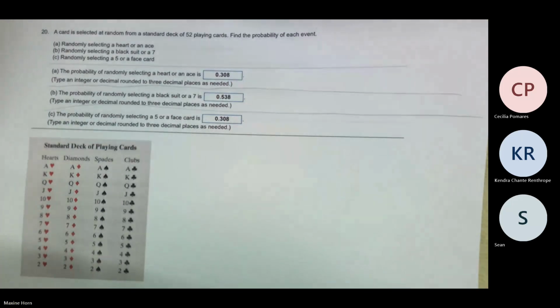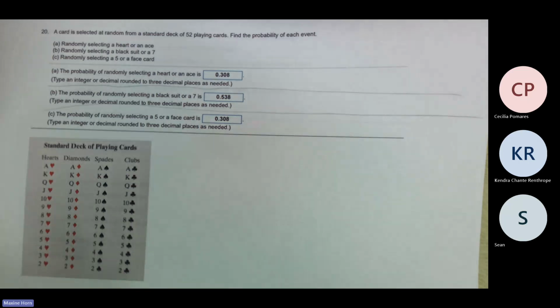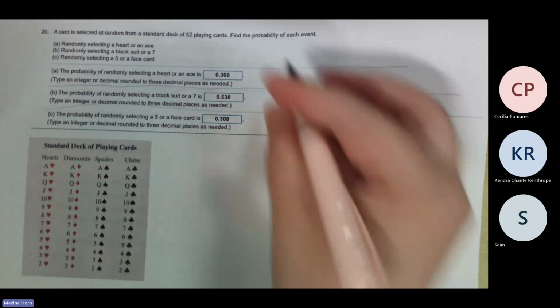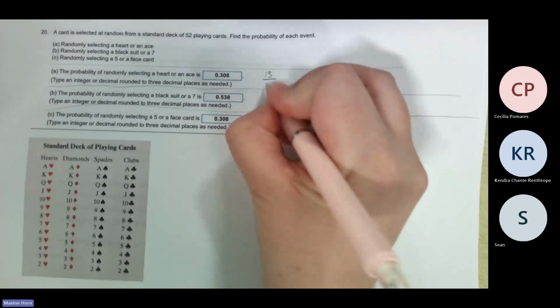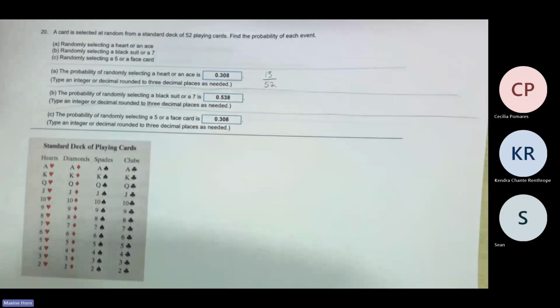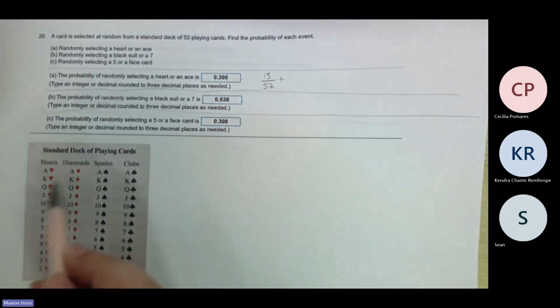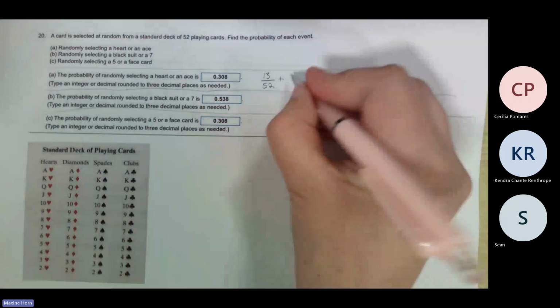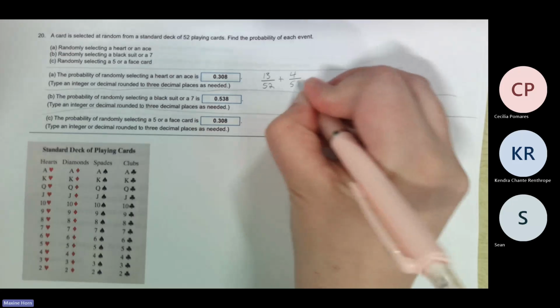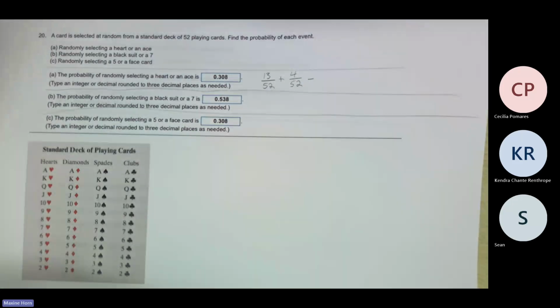Okay, so the probability of a heart or an ace. So let's start with the heart. There are 13 hearts. So 13 out of 52, okay? Or an ace. So how many aces are there? There are 4 aces out of 52. But we do have to subtract where they overlap. So how many hearts that are aces exist?